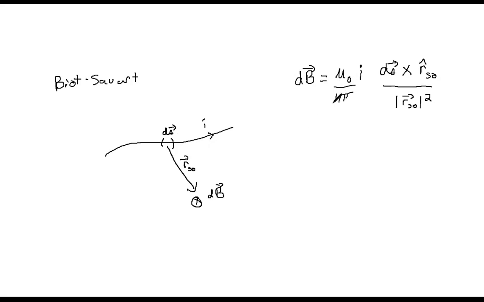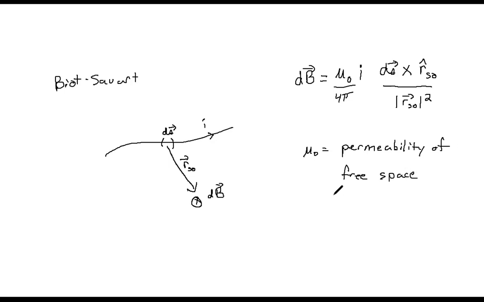Now, we've got a new friend here. Mu naught is the permeability of free space.